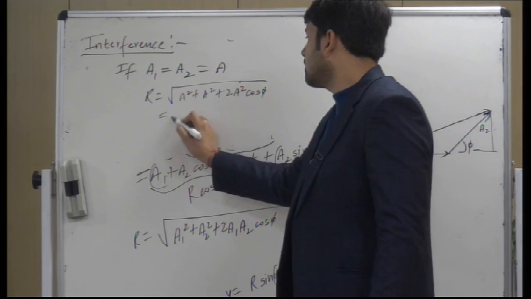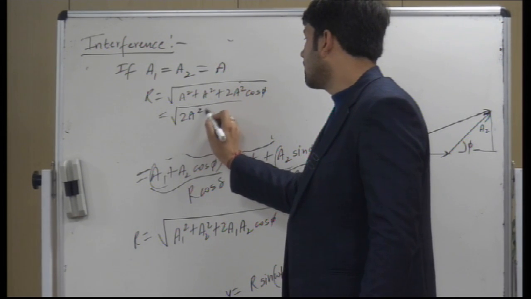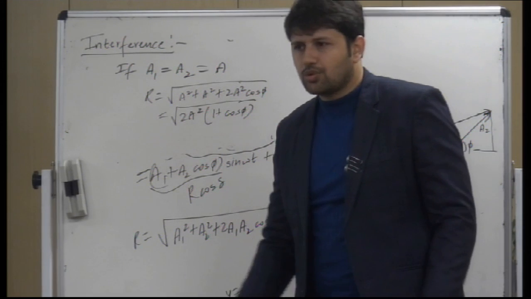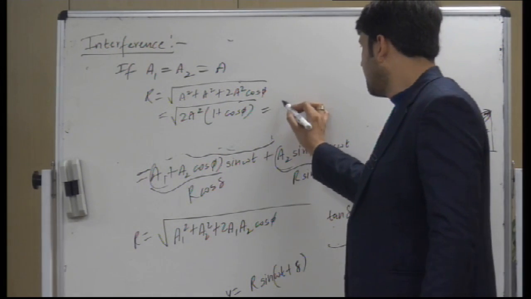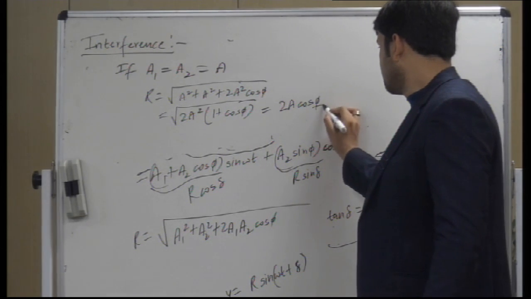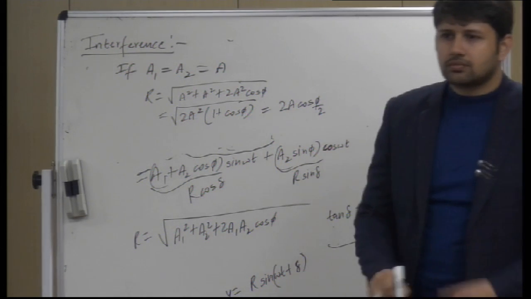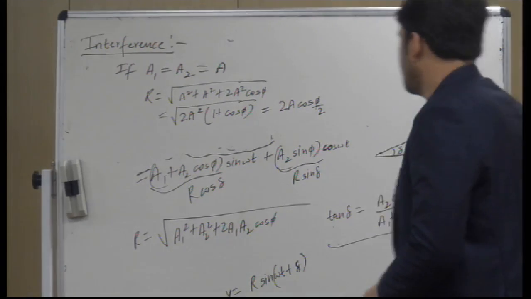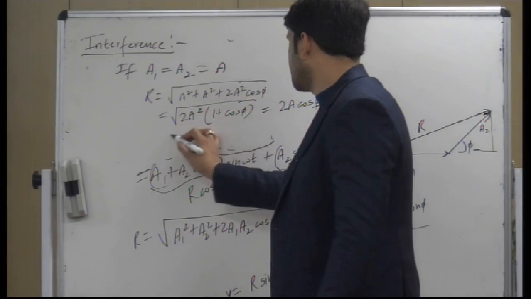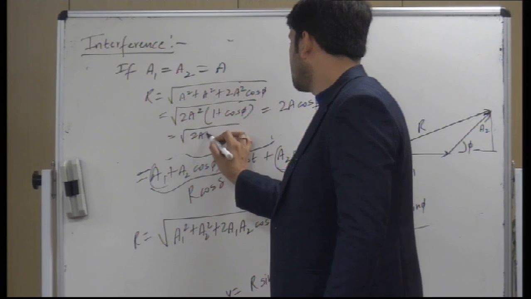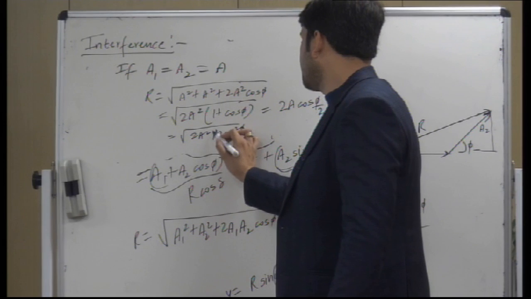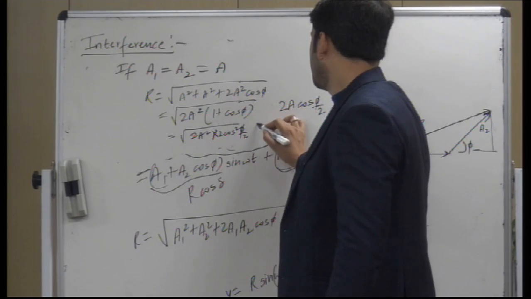So this is under root 2a square into 1 plus cos phi. And you already know 1 plus cos phi is 2 cos square phi by 2. So a can come out, and you can use this: under root 2a square into 2 cos square phi by 2, which actually becomes this.